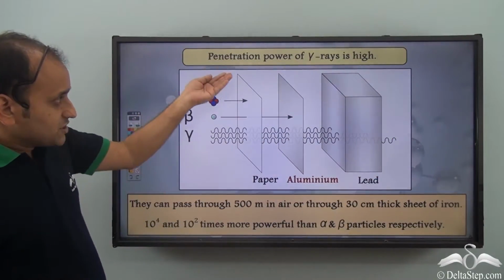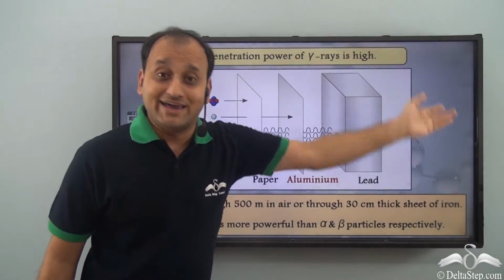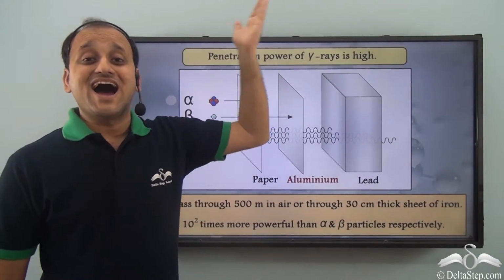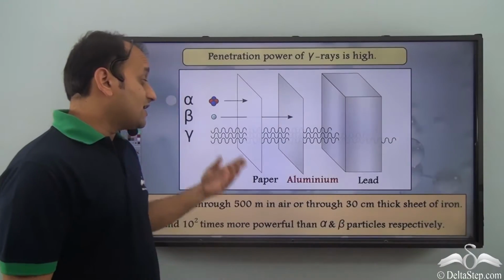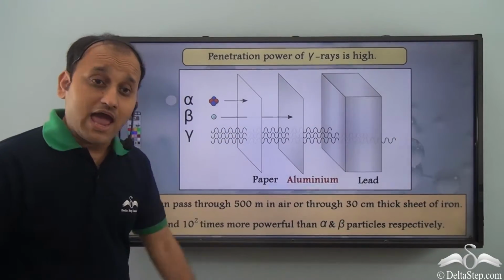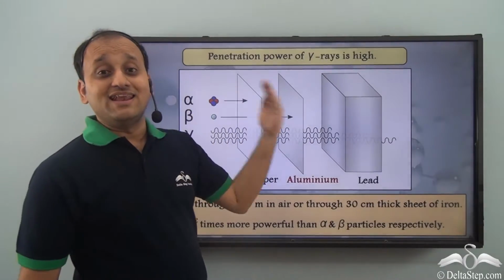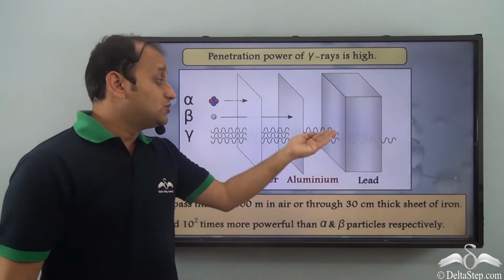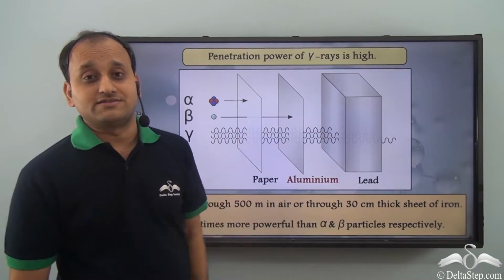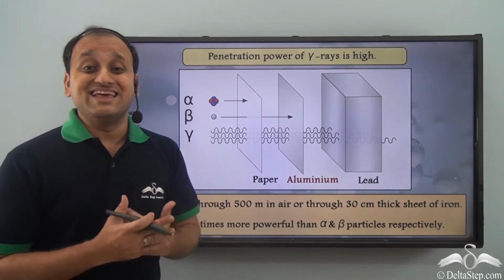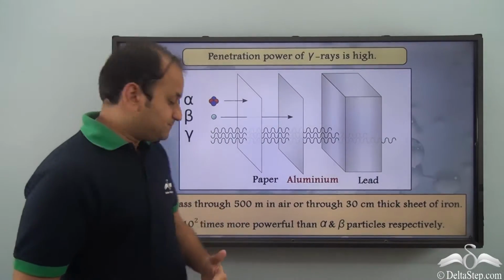Now the penetration power of gamma rays is high. So while ionization is low, penetration power is high. In fact, gamma rays can easily penetrate paper, aluminum, and even lead. So a very thick lead block is required to stop gamma rays. They have very high penetration power because they are very energetic rays.